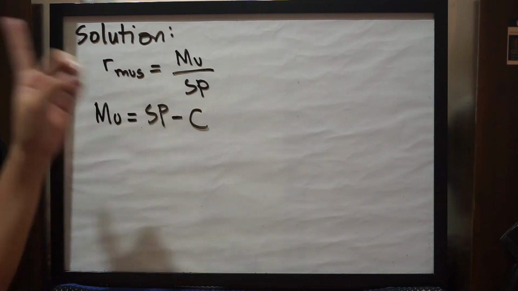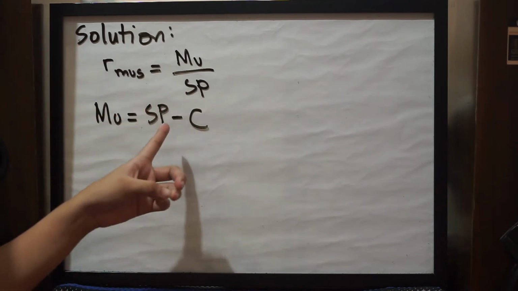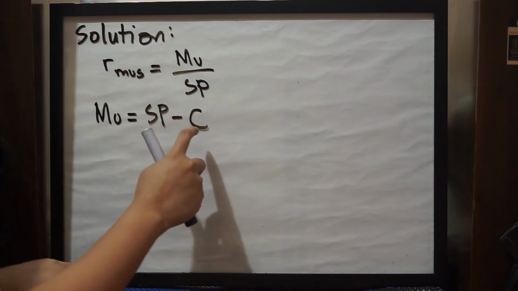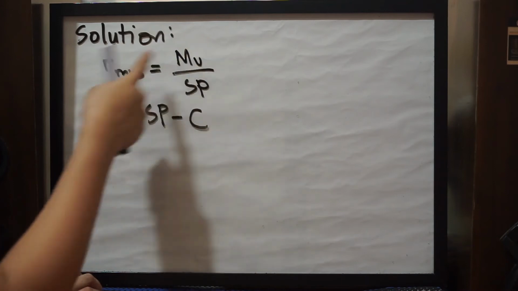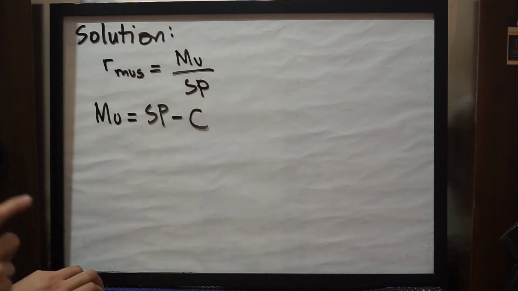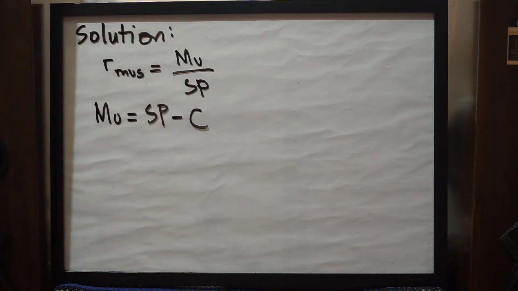Kasi yun yung unang step for us to come up with the markup. Tapos, pag may markup na tayo, makakapag-solve na tayo ng rate of markup based on selling price. Parang domino effect siya.